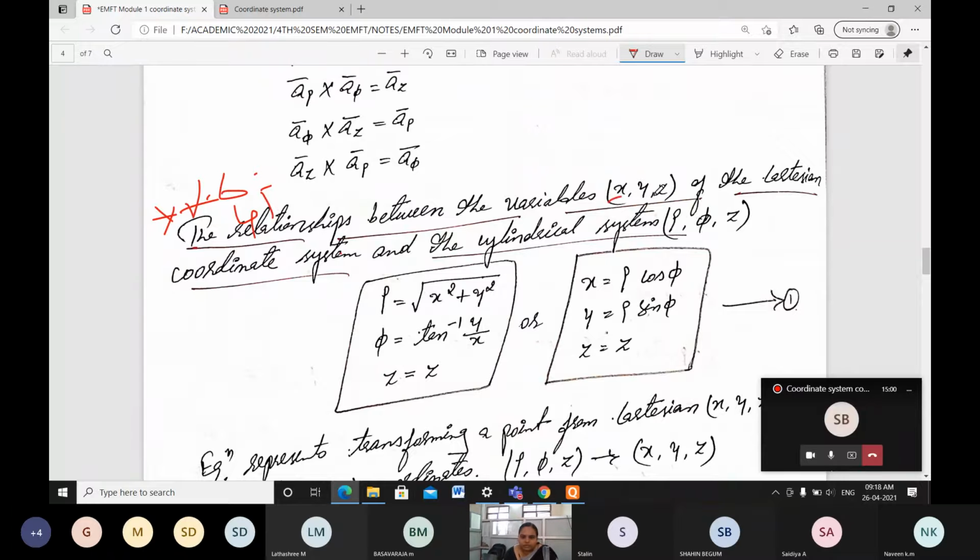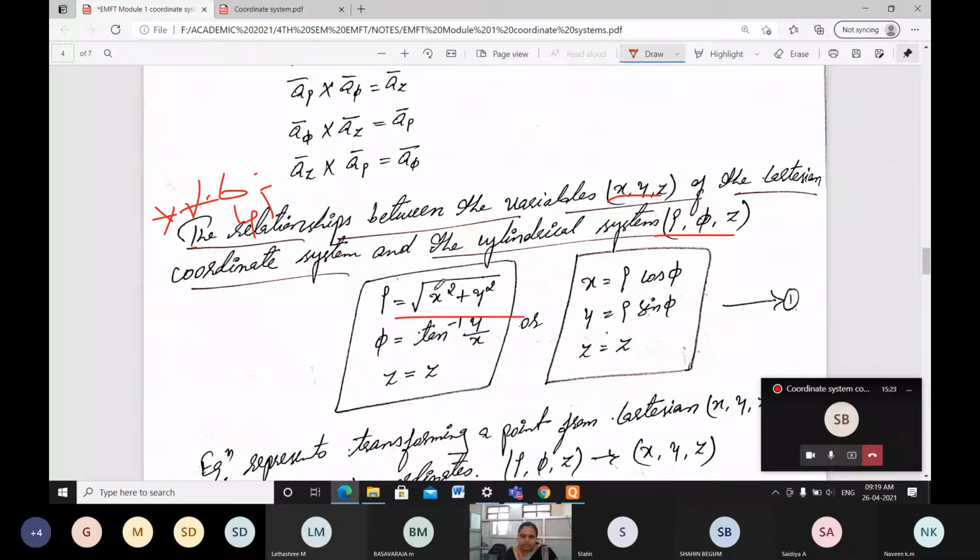From x, y, z to rho, phi, z: rho is equal to the square root of x squared plus y squared. We are not going to derive how you get it, but you have to remember these direct equations. Then phi, in terms of the Cartesian system, is tan inverse of y by x.